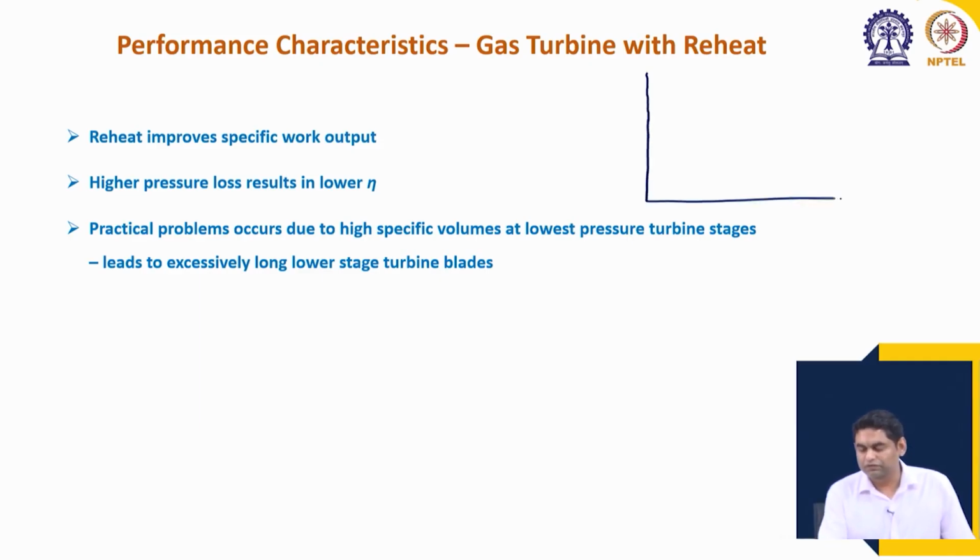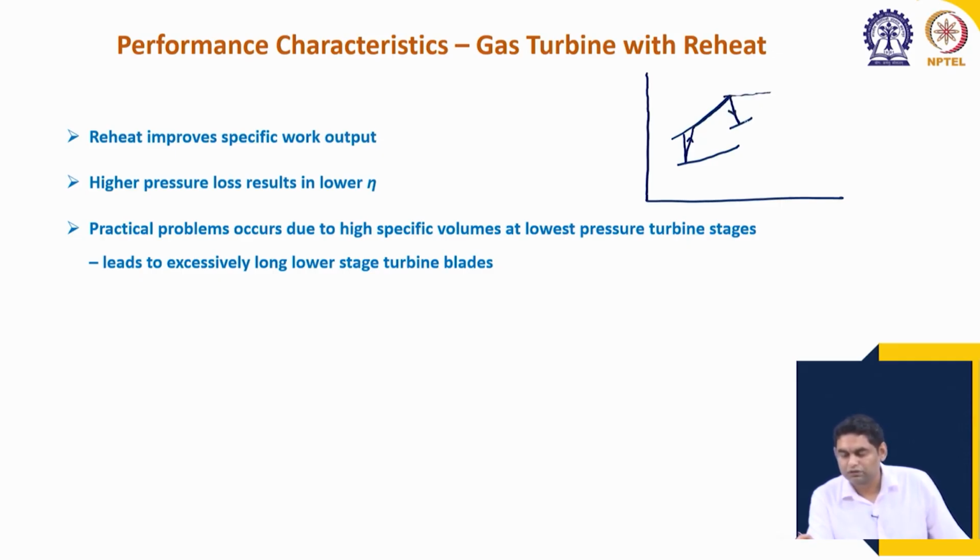So, if you quickly consider the reheat cycle, let us say that we have this compression process and then the first heat addition, then first expansion, high pressure expansion, second heat addition and the second expansion.